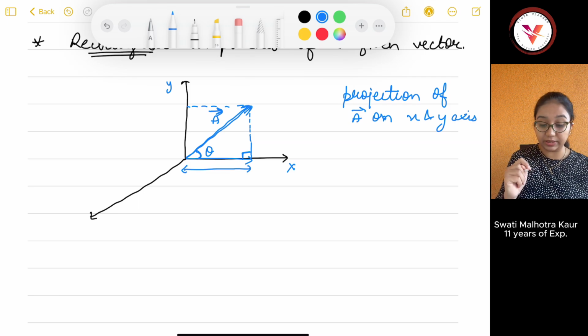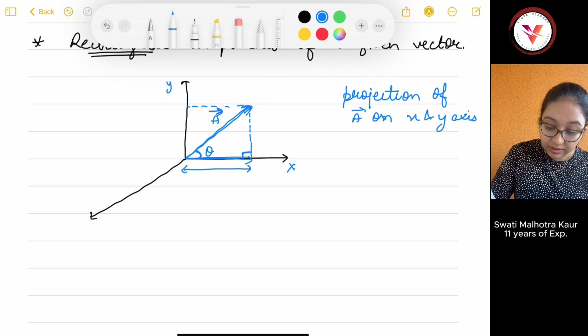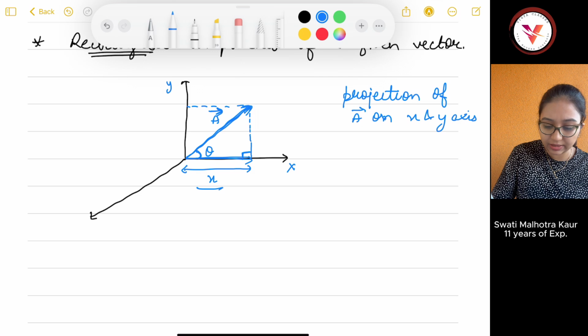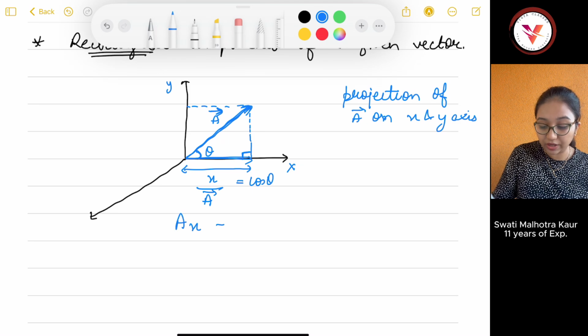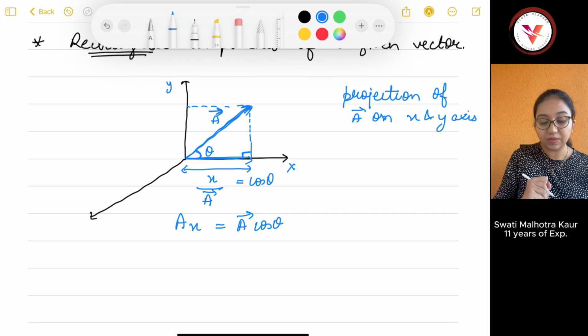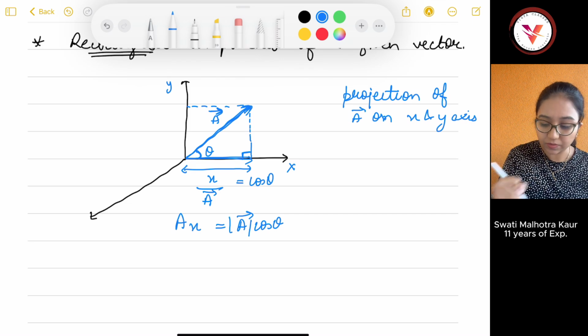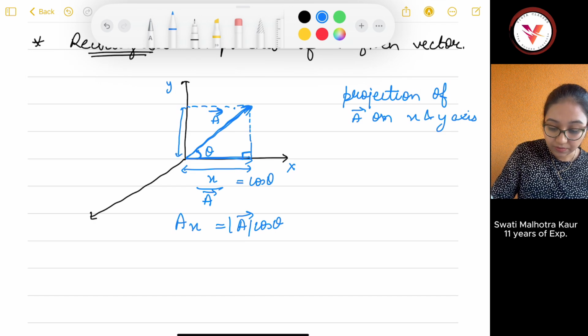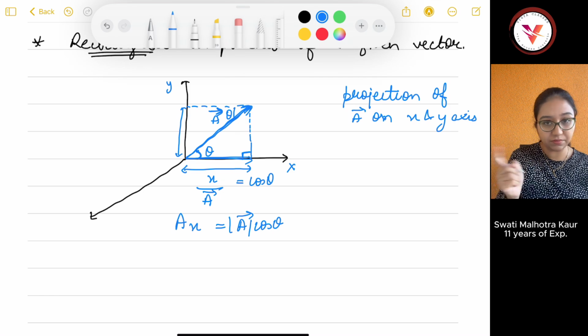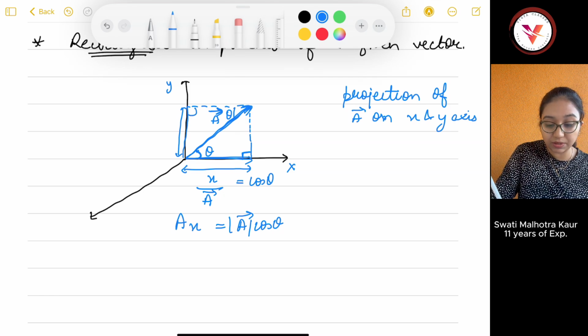So this particular length is what? This is A cos theta. How? This is base and this is hypotenuse. Let's say this to be x, then x upon hypotenuse A vector is equal to cos theta. So this x component of A comes out to be A cos theta. Let's talk in magnitude right now. Similarly, if you have to calculate this direction, this is theta, so this is also theta, alternate angle, this is 90 degree. Now this becomes perpendicular.